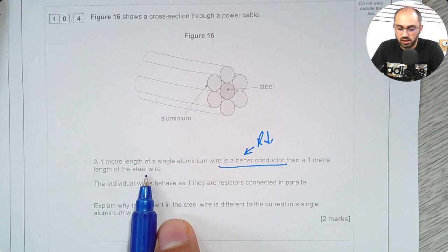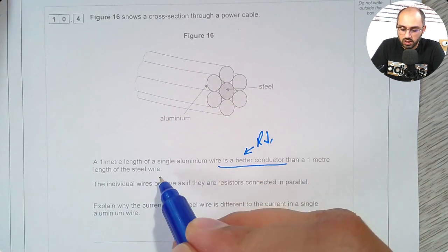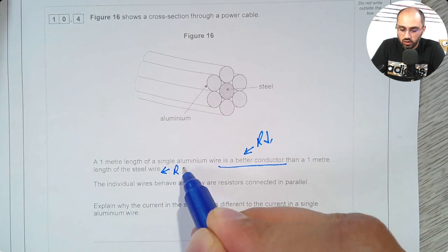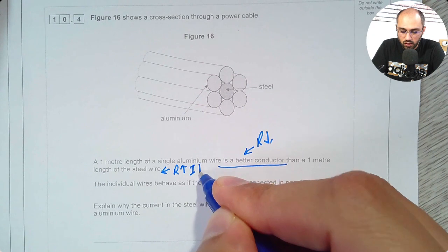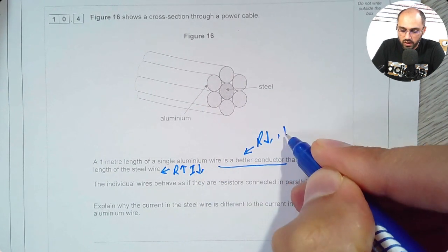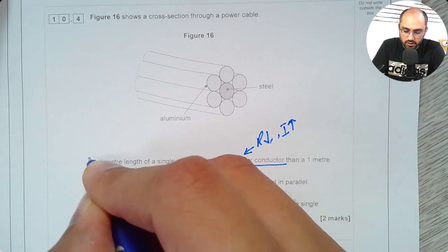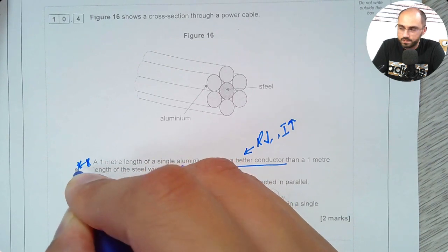So in other words, they're saying the steel wire has a lower conductivity. So this means R will be higher. If R is higher, this means the current in this case will be lower here, and here the current will be higher. So this statement is important.